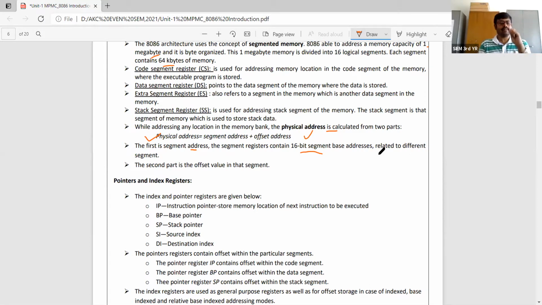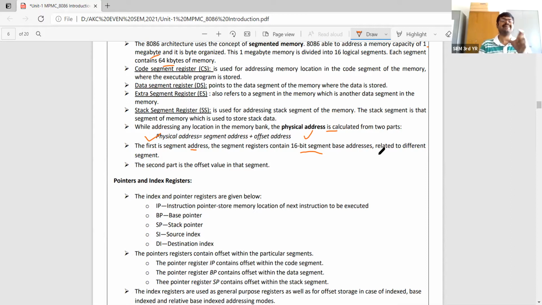The last point, which we have just mentioned, is very crucial. The addressing of any location in the memory bank requires the physical address to be calculated from two different parts. Physical address equals segment address plus offset address.